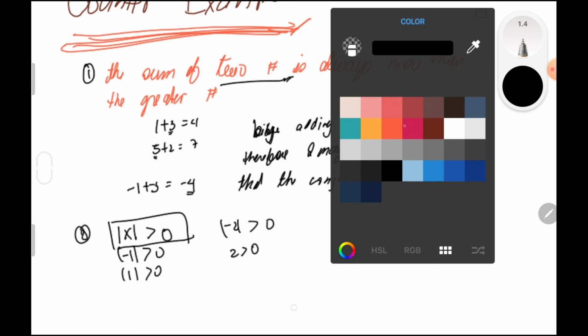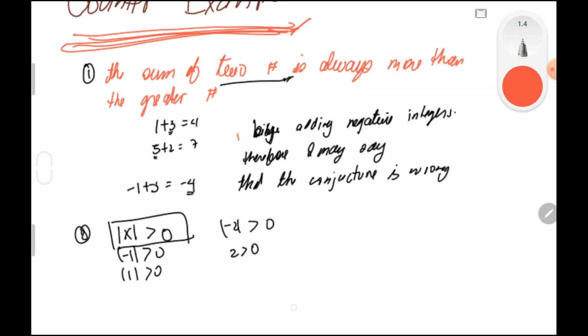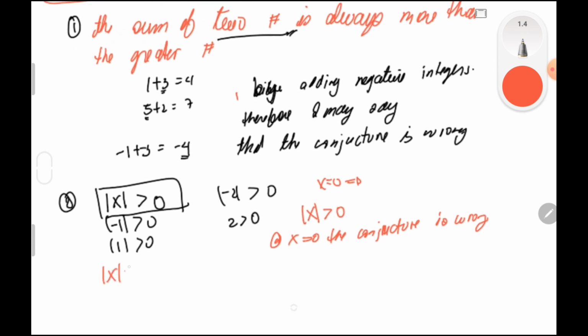Okay? Pero ano yung counter example natin dyan? So, how about if x is equal to 0? Okay? So, from this statement, therefore, I may say that this conjecture will be wrong if x is equal to 0. At x is equal to 0, the conjecture is wrong. Okay? How about if sinabi niyang x is greater than or equal to 0? So, ito yung tamang conjecture. Okay?